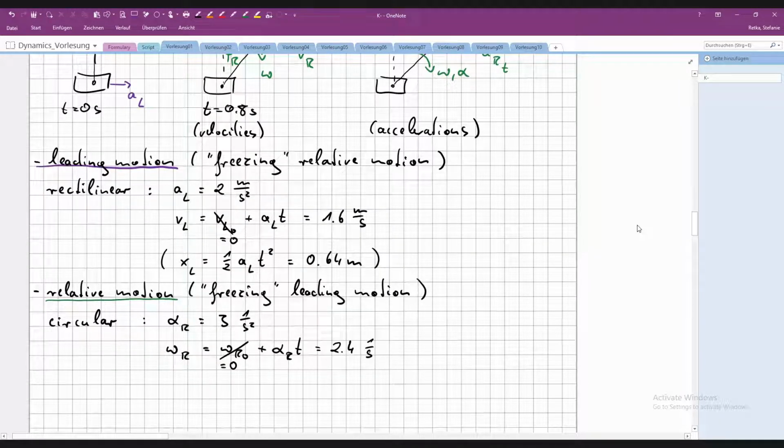And for the angle, we have to integrate once more, 1/2 alpha r t squared, and this results into 0.96 radians, which is equal to 55 degrees.